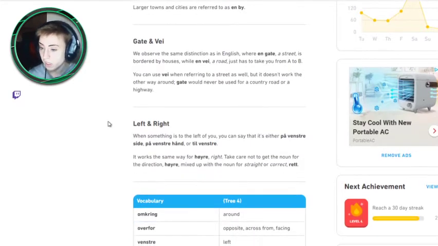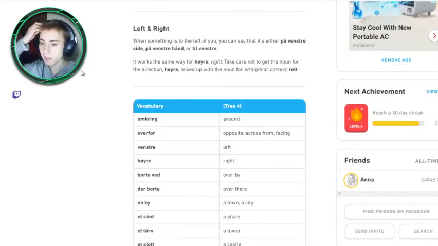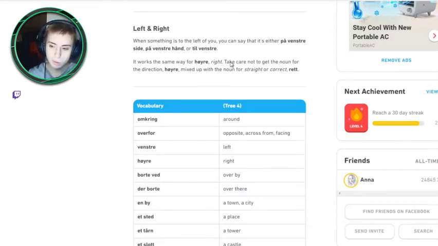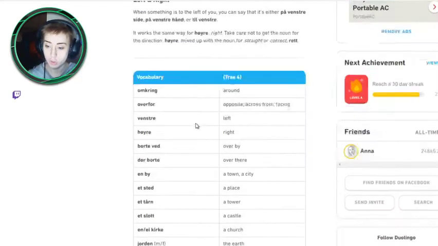You can use vai when referring to a street, but you can't use gate. Then we also go over left and right. På västra sida, på västra hand, till västra, and right is höger. So just på höger sida, på höger hand, till höger. Höger is also the word for direction.